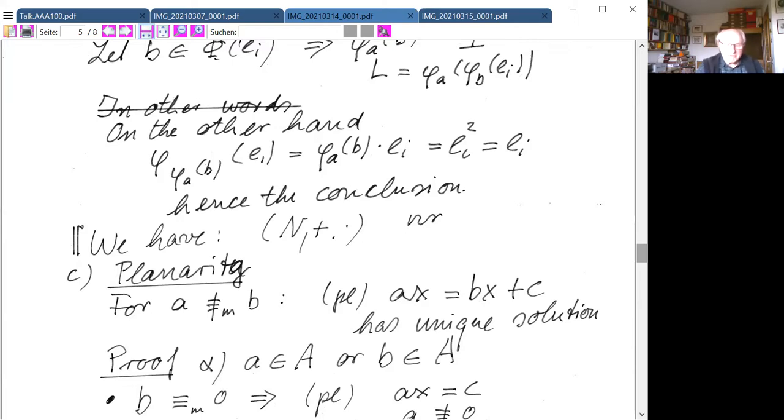So in any case, we get the same, and we have the conclusion that N with plus and times is a near-ring.